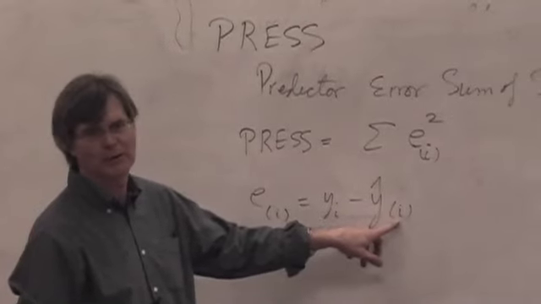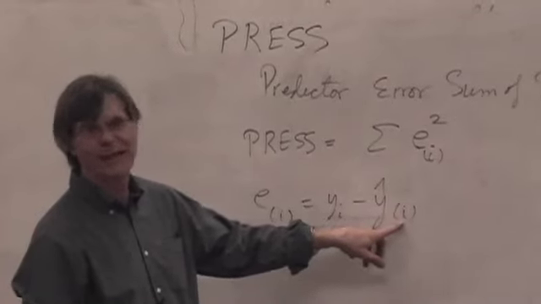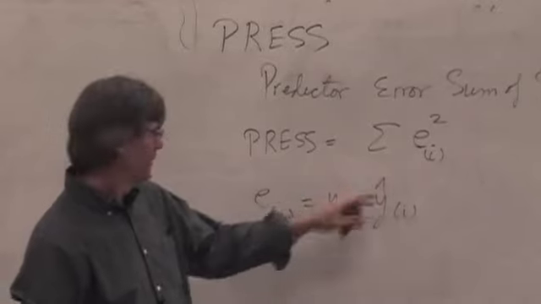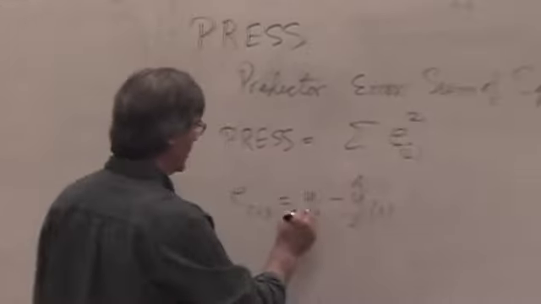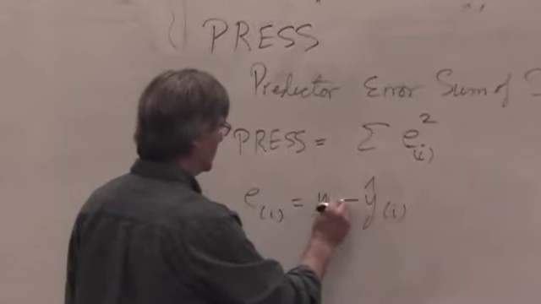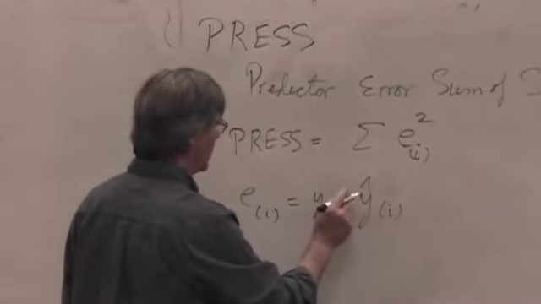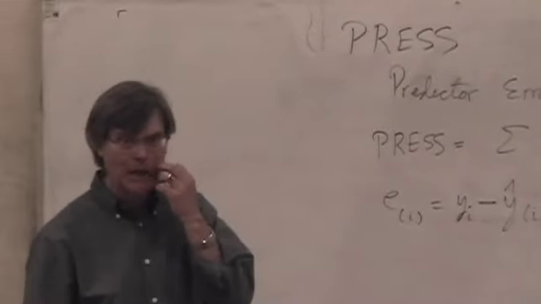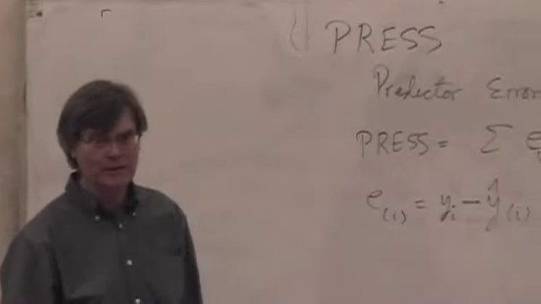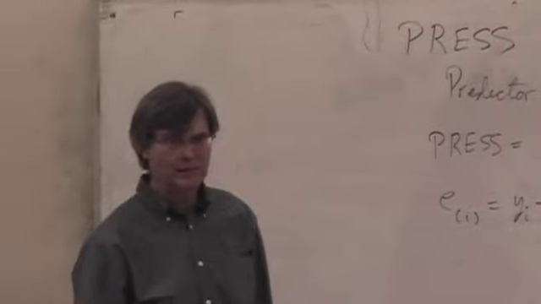I can obviously still put the x equals 40 back in and calculate the prediction. So this is what the residual would have been if I had deleted that point and then estimated it back in.